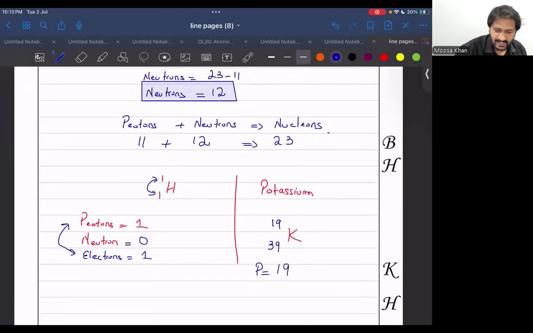It is 19. What about number of electrons? Again 19, because number of protons in any atom is equal to number of electrons. And what about number of neutrons? This is 39 minus 19, which would give you how many neutrons? 20 neutrons, right? It will be 20. I'm very bad at maths.